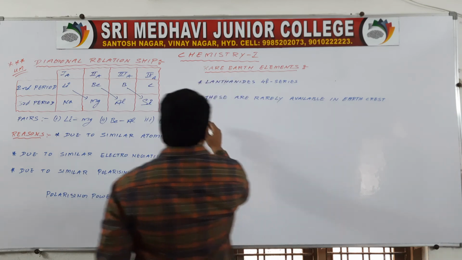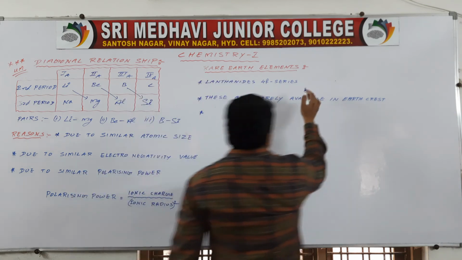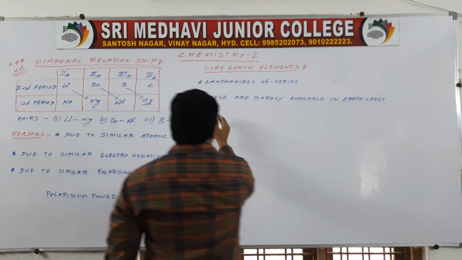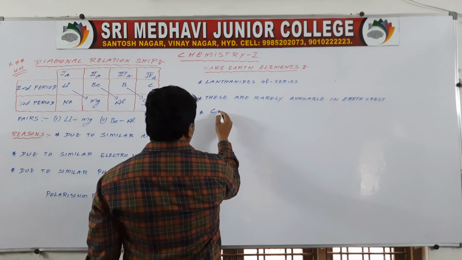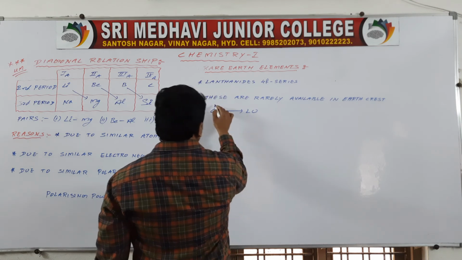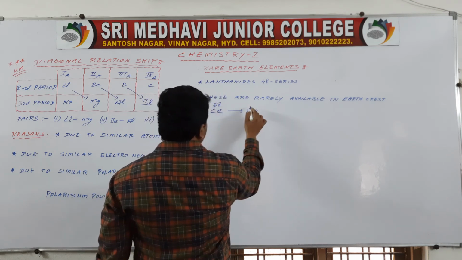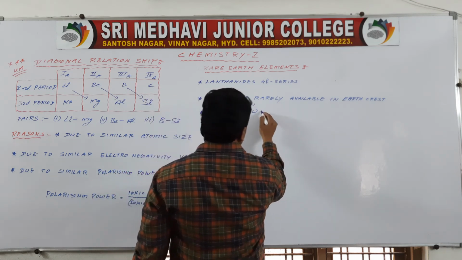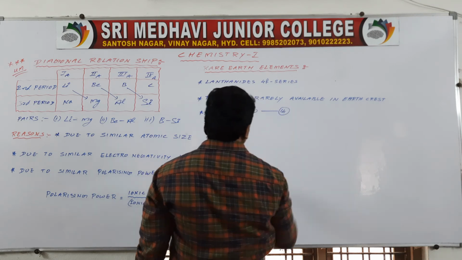So here these are cerium to lutetium. Cerium atomic number 58, lutetium atomic number 71. How many elements? 14 elements.